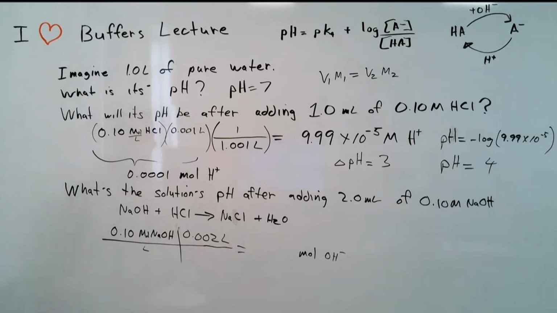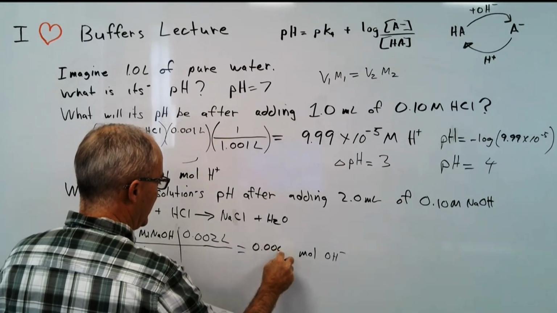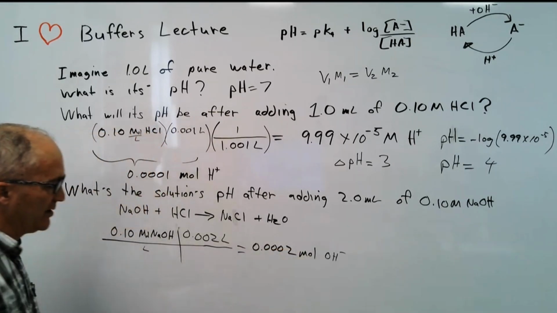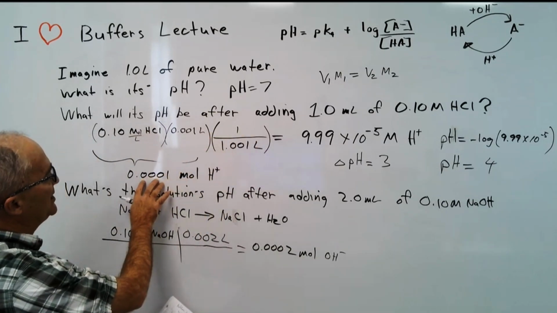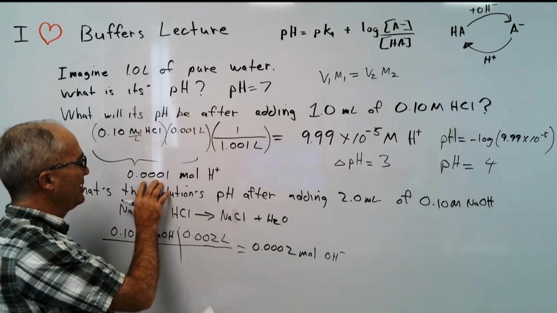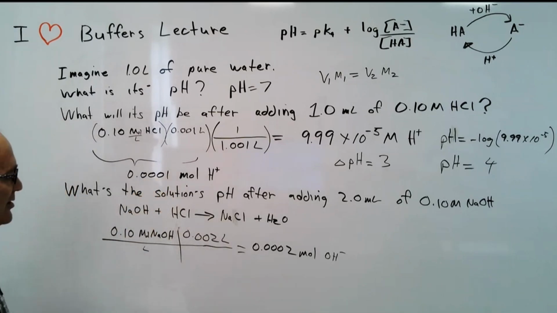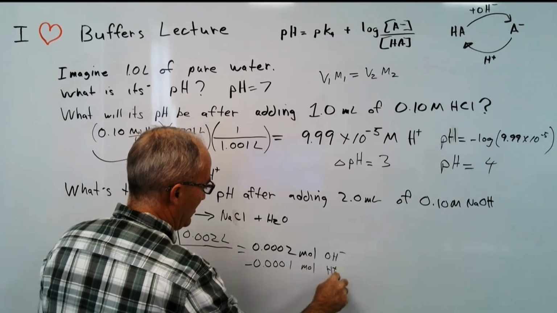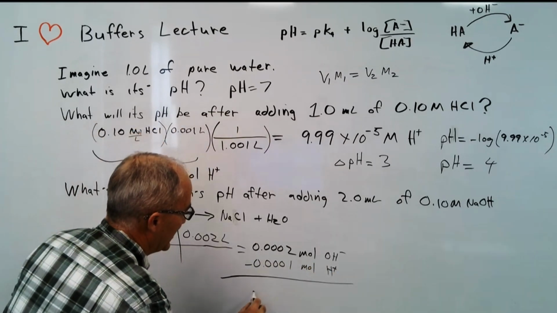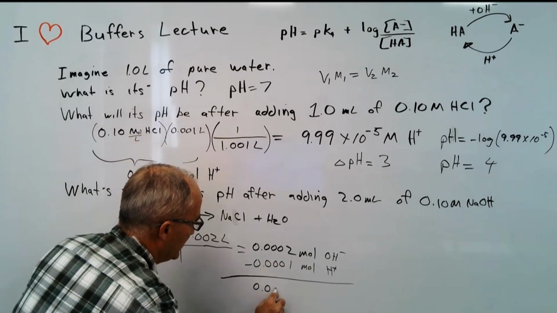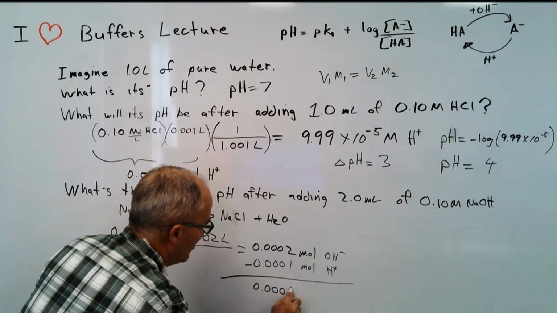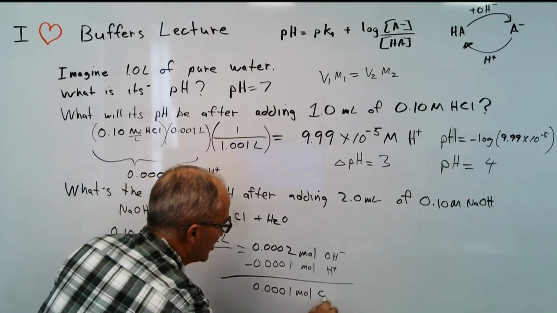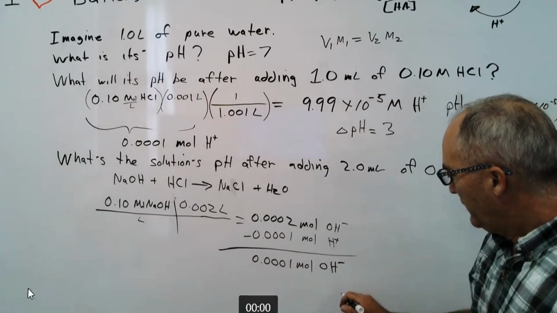Pull out your calculator. 0.002 moles of hydroxide. Well, I just added this many moles of hydronium ion up here, or hydrogen ions. That's going to neutralize some of this. So then this means I have 0.0001 mole of hydroxide left over.